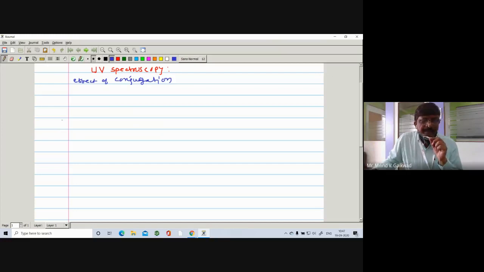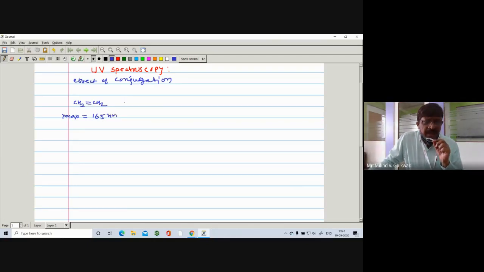Here I will take an example. Suppose CH2=CH2. If you take lambda max in the UV, you'll find that it appears at 165 nanometer.